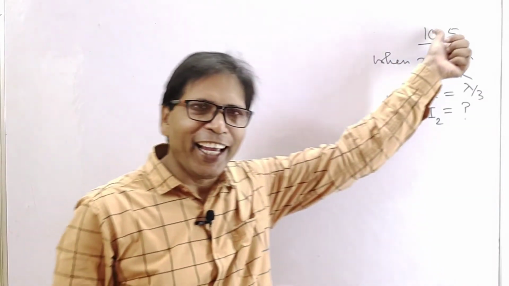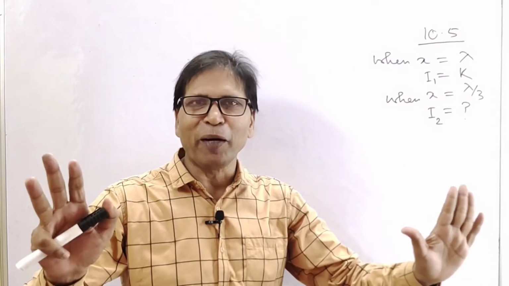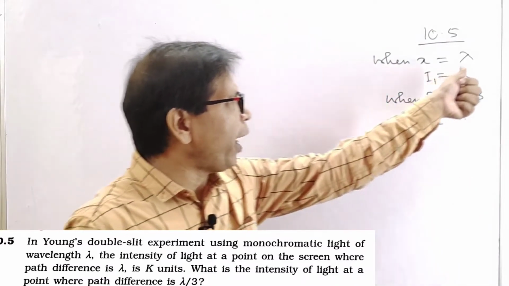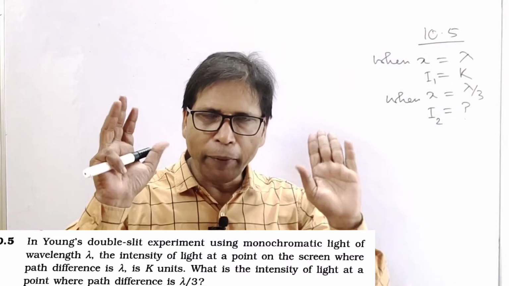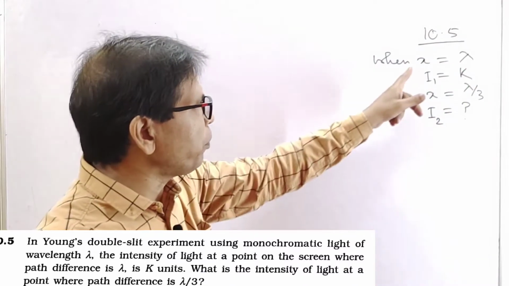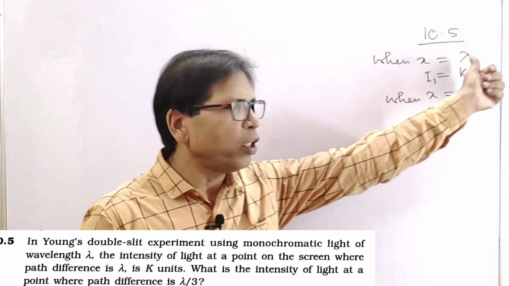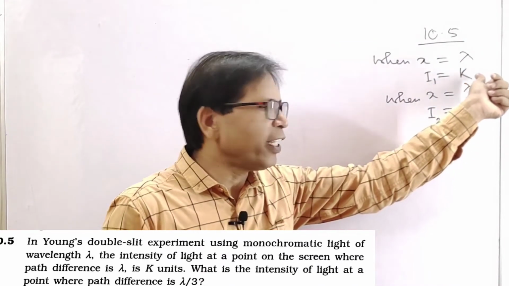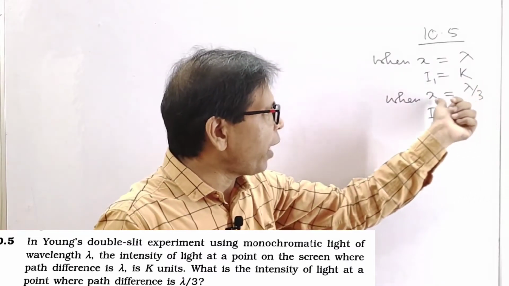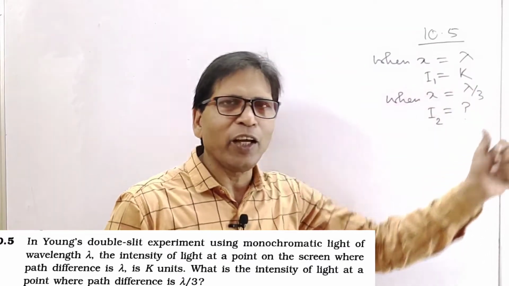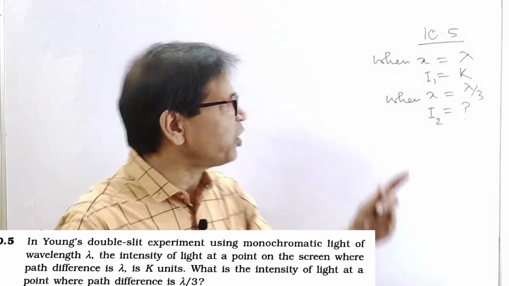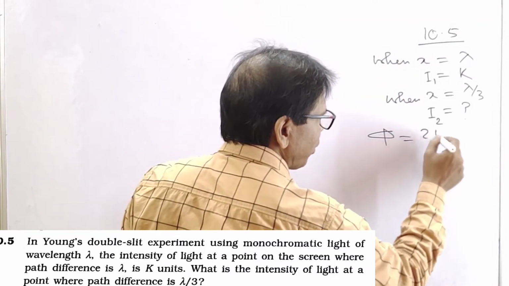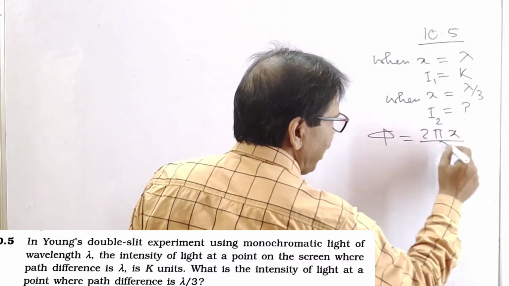Now look at this, NCERT numerical 10.5. In YDSE, the wavelength of light used is lambda. When the path difference of two waves coming from the sources S1 and S2 is lambda, the intensity on the screen is k. When the path difference is lambda by 3, what is the intensity? When the path difference is lambda, the phase difference phi equals 2 pi x by lambda.